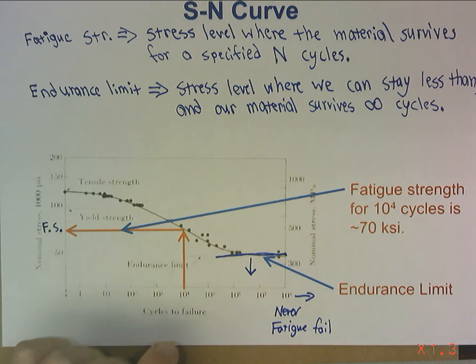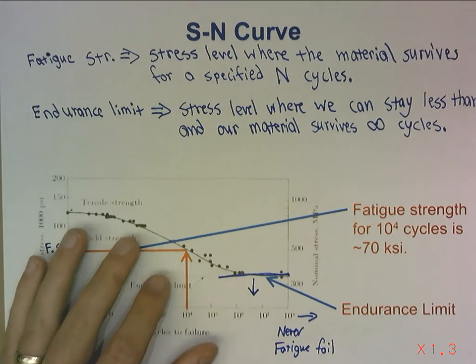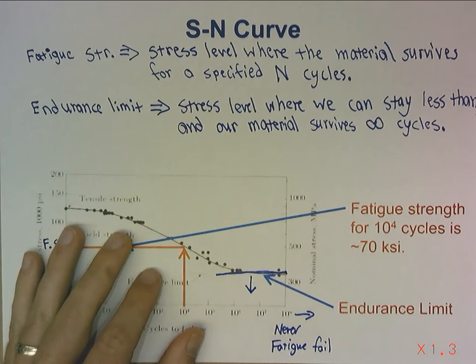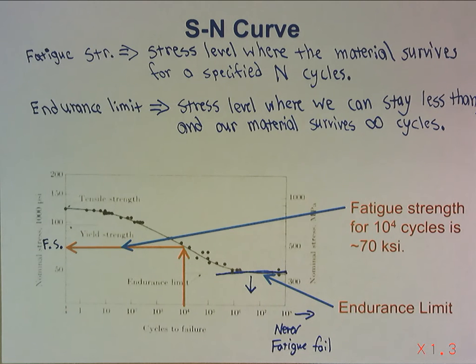It's great that we have endurance limits. Let's pick a typical washing machine or a typical car. Where do we design to on this graph for all of our different parts? Say various shafts or moving parts either in the car or the washing machine or whatever.